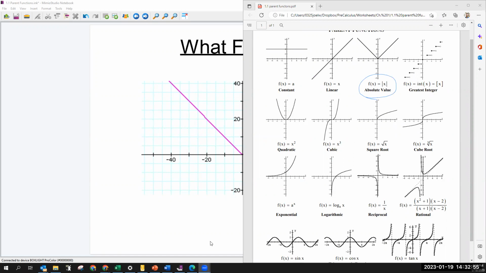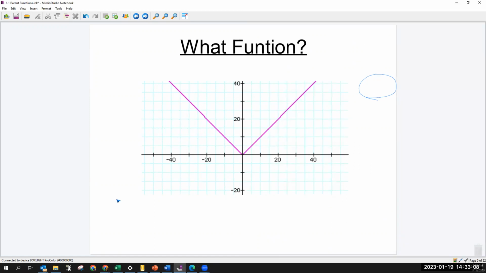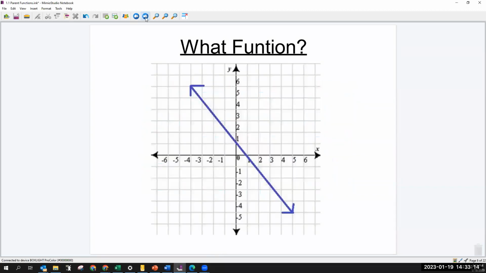So pull out your paper, give yourself a chance to look at each one, see if you can kind of quickly memorize-ish them. Then whenever you feel ready, put it away and try the next one.